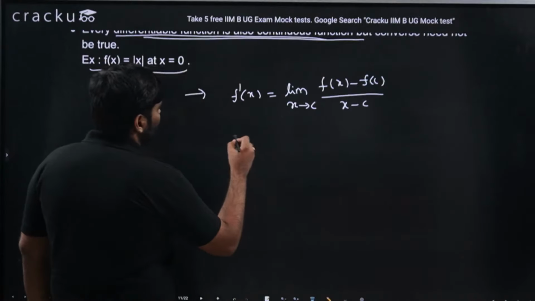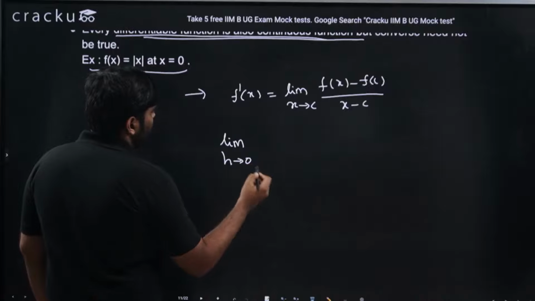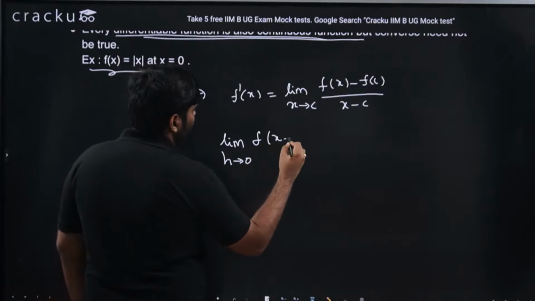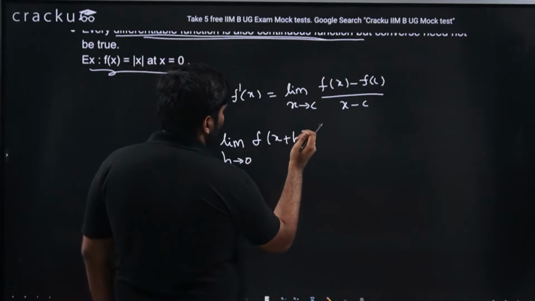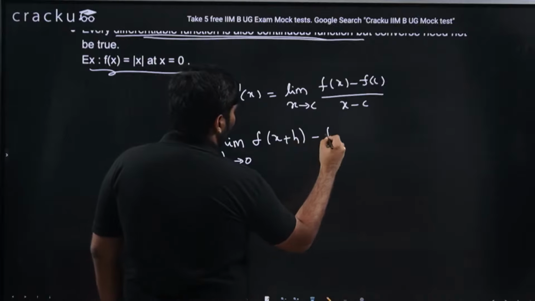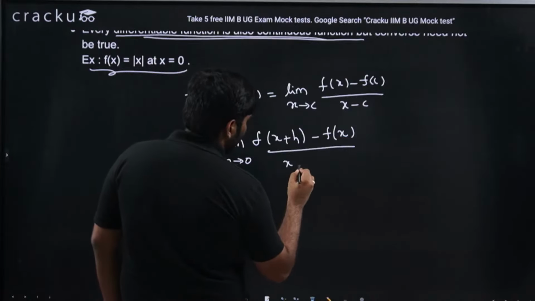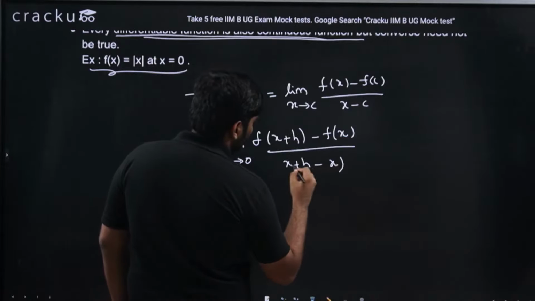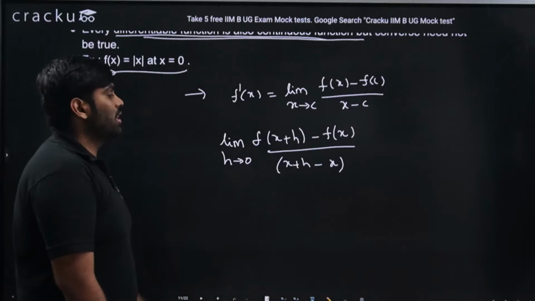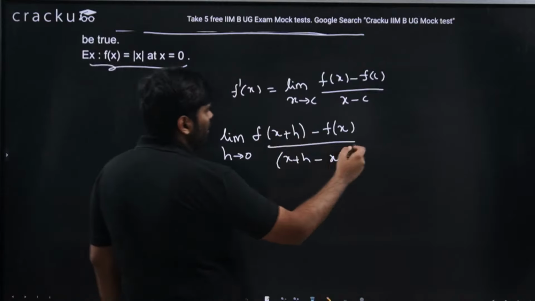What we did mention is the limit h tending to 0 of [f(x plus h) minus f(x)] by [(x plus h) minus x]. That is what it is, because [f(x plus h) minus f(x)] by h is nothing but the same with the denominator x plus h minus x.